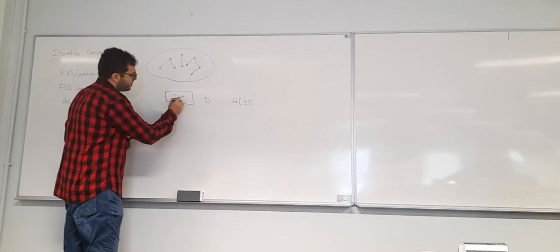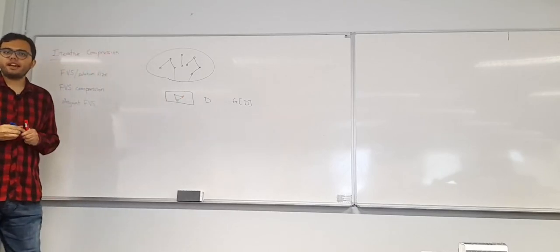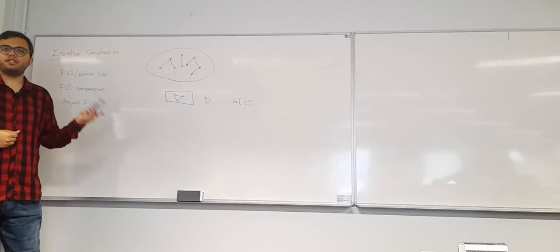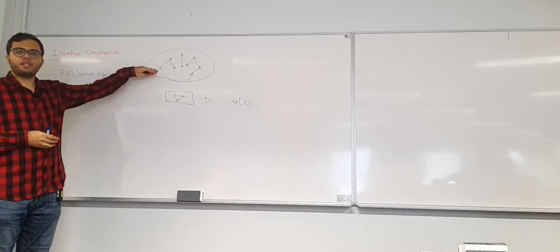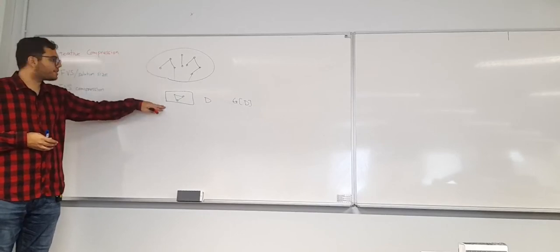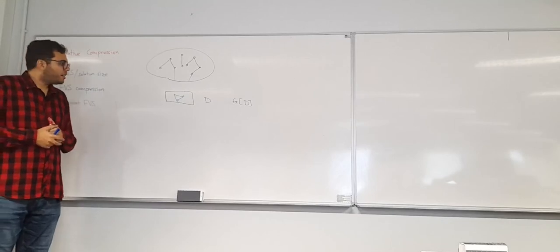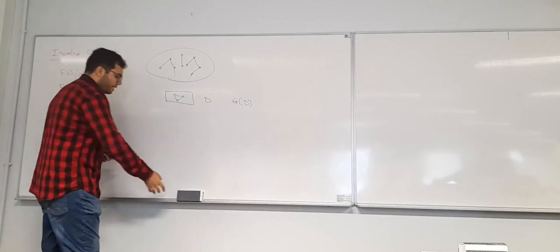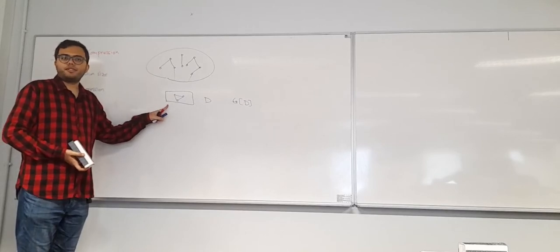Can I have, for example, a triangle or any kind of cycle? No, because if I have a cycle here, my answer is immediately no. Because I have to remove a bunch of vertices from up here so that there are no cycles. But if there's a cycle that is entirely down here, the answer is definitely no. What does this mean? It means that this one also has to be a forest.